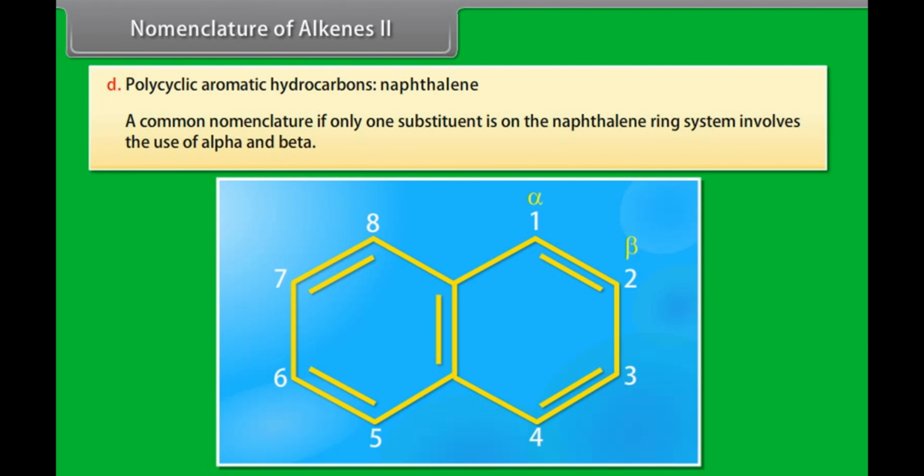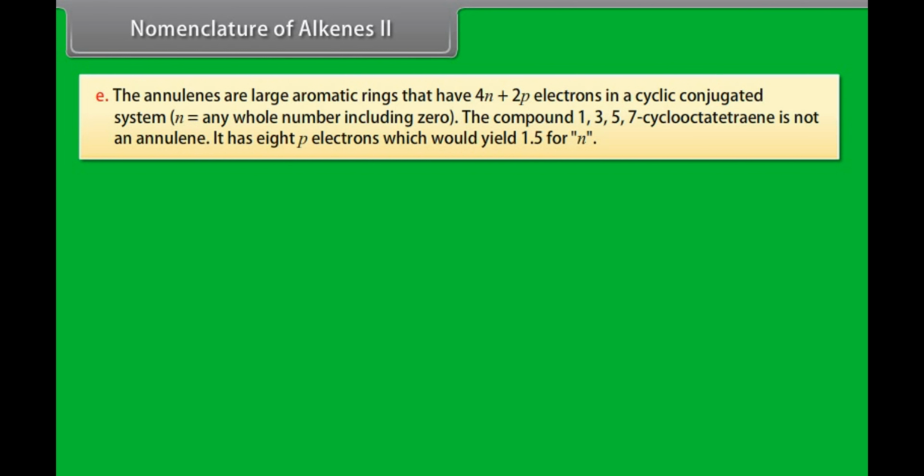A common nomenclature if only one substituent is on the naphthalene ring system involves the use of alpha and beta. E. The annulenes are large aromatic rings that have 4n plus 2 pi electrons in a cyclic conjugated system. That is, n is equal to any whole number including 0.